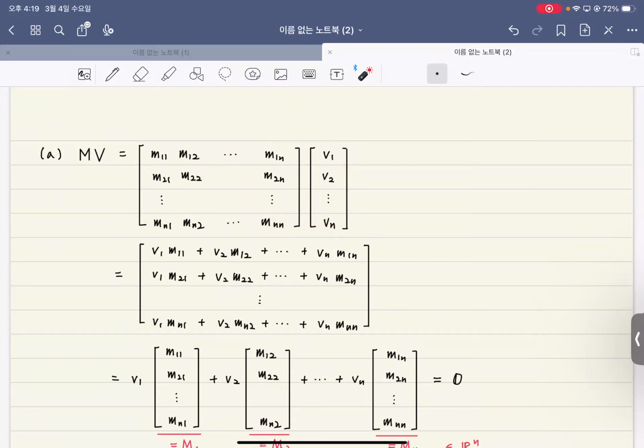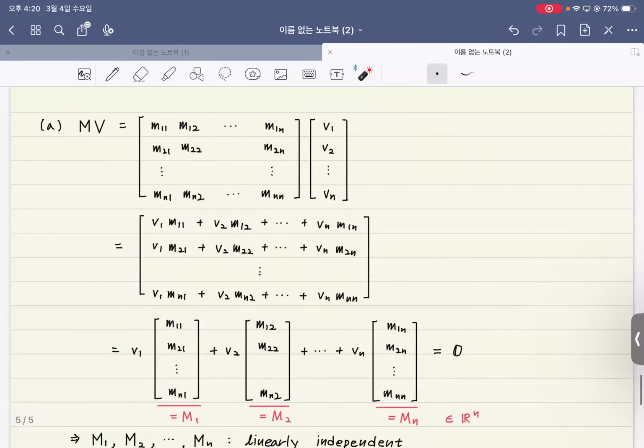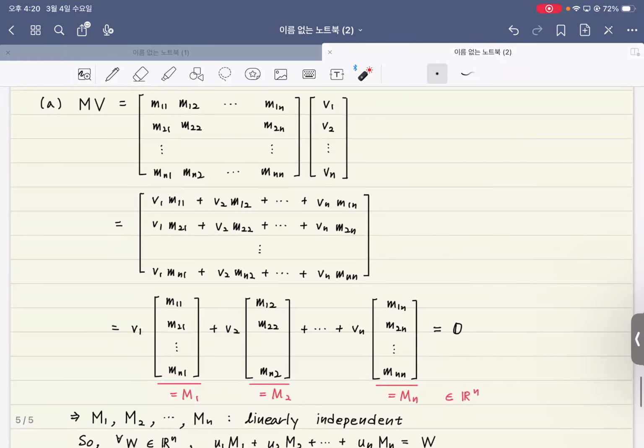And we multiply this times this. Just as I did before, I broke down each of these as something like this, using the previous notation, and I'm going to call these column vectors M1, M2, up to Mn.